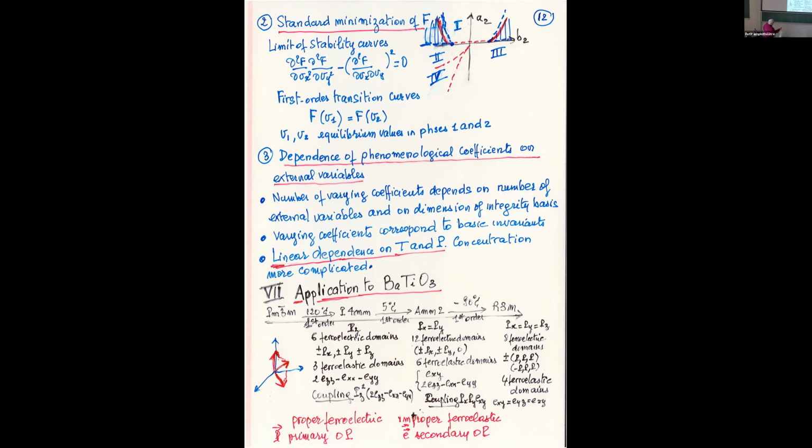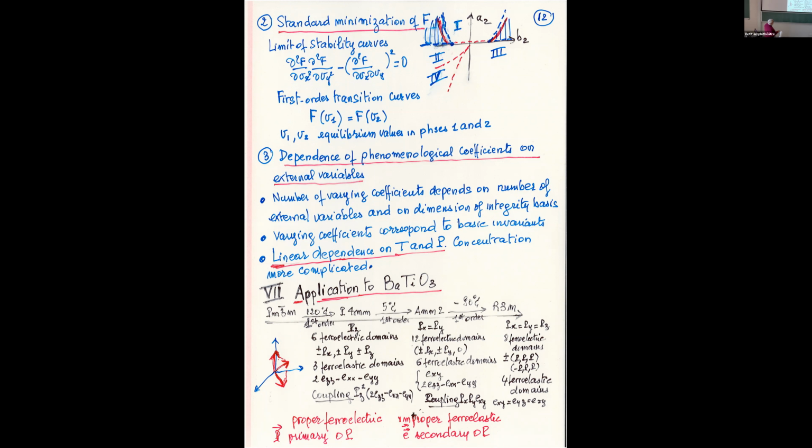Finally, R3M, you have the three components of the polarization which are equal. You have 8 ferroelectric domains because R3M has 6 symmetry operations, the point group 3M, and so 48 divided by 6 gives you 8. You have only to change the sign, minus P, P, P, P, minus P, P, and so on.